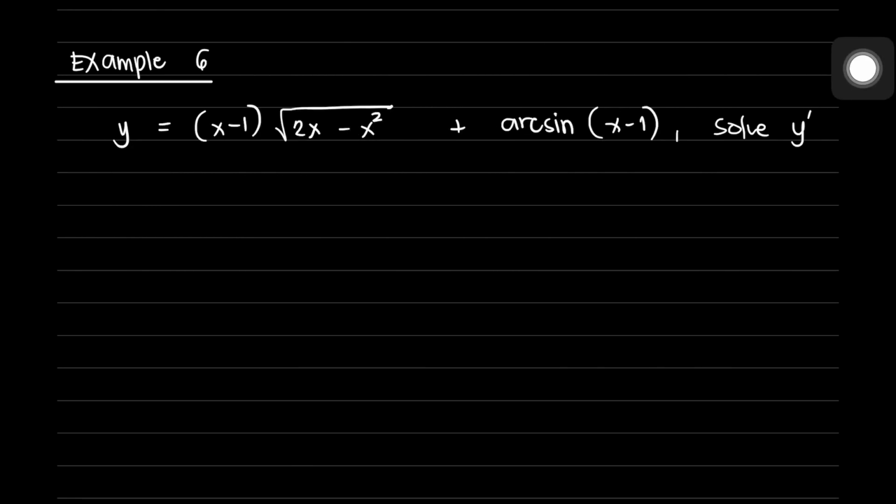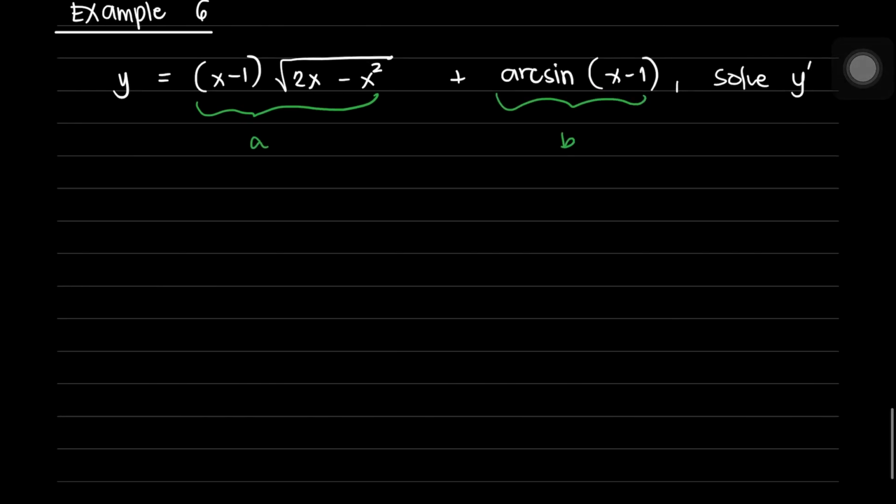So if I'm going to let this term be equal to a and this term be equal to b, then we can solve for y prime as a prime plus b prime, or the derivative of this term plus the derivative of this term. Alright?